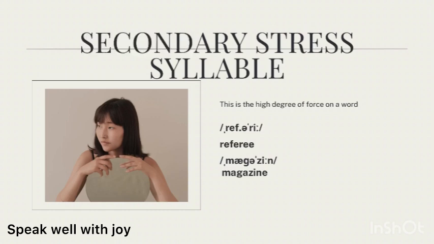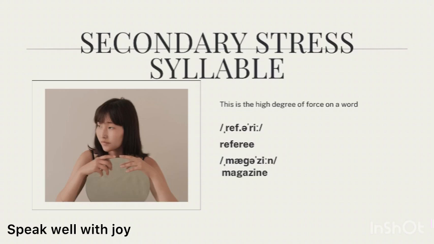And the second stress is the secondary stress. This is a stressed syllable, but it's not as high as the primary stress syllable. We call the primary stress syllable the commanding stress, and we call the secondary stress syllable the begging stress. It's high, but not as high as the primary stress. And you can actually have a word without a secondary stress, like the word we had earlier.